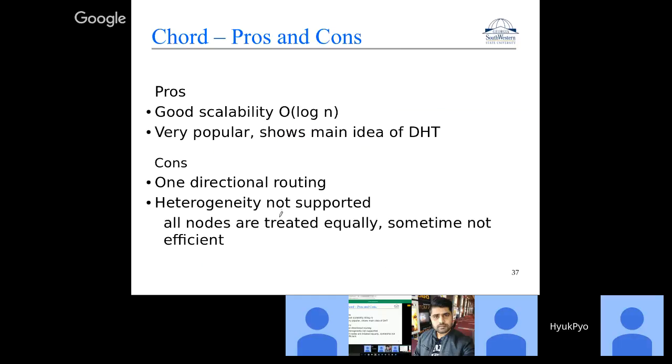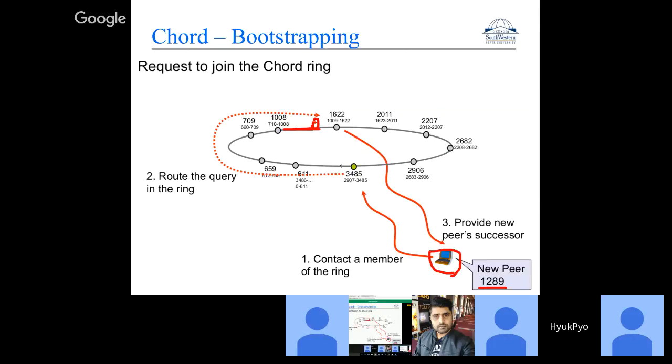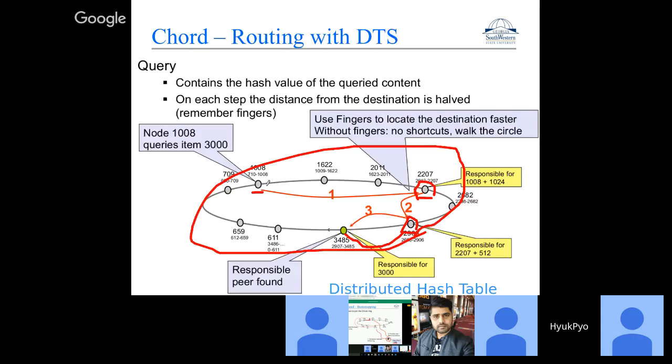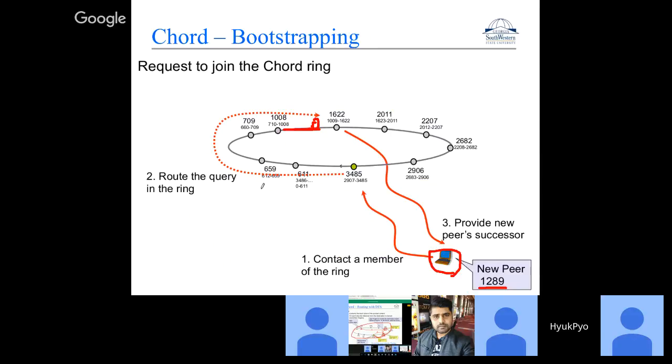The advantage of this model is good scalability, with time complexity log n, and it was very popular to show the main idea of distributed hash table. But the disadvantage is that it is one-directional communication, since they cannot communicate backward.